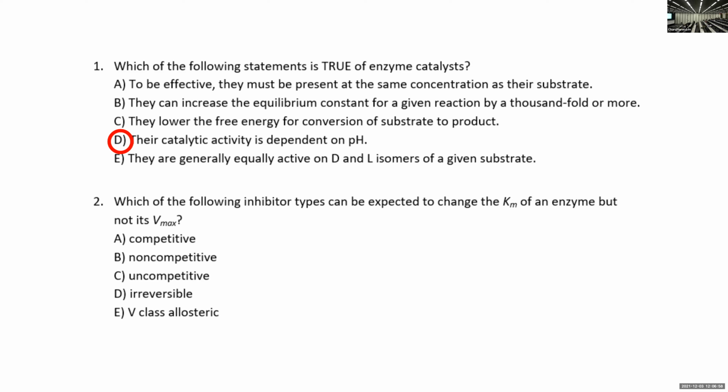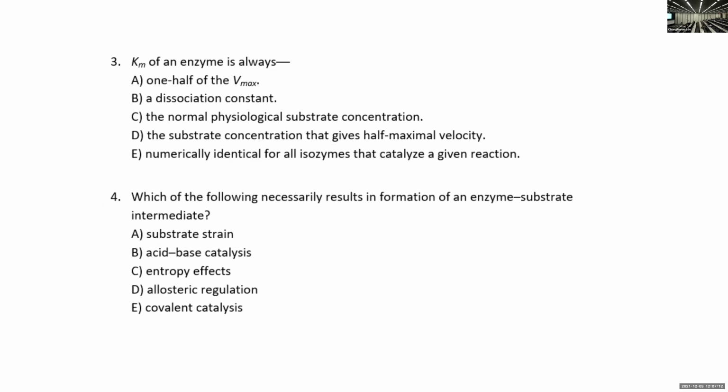What about number 2? It's A. Again, it's something where you need to understand the differences between all the different kinds of inhibition. And number 3, it's D. This is from the Michaelis-Menten equation, right, where it relates the Km and Vmax.